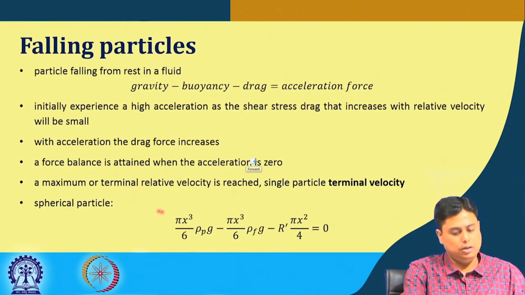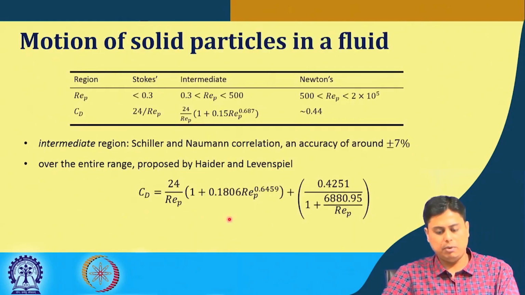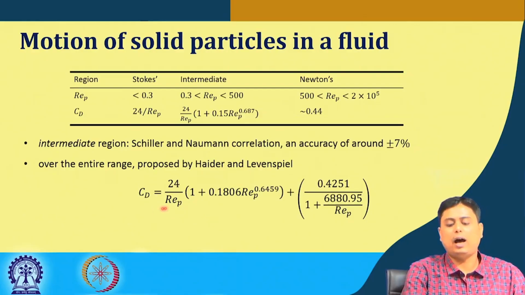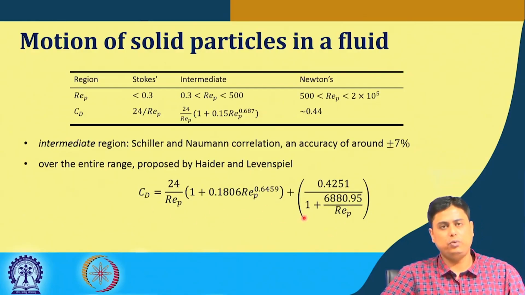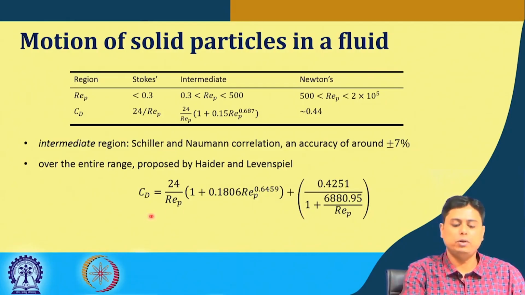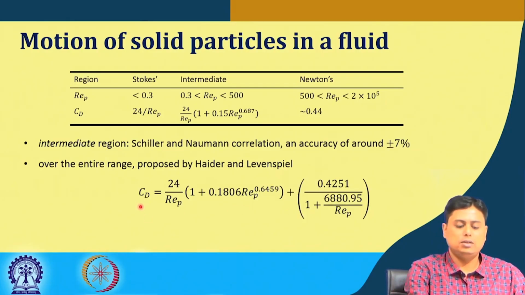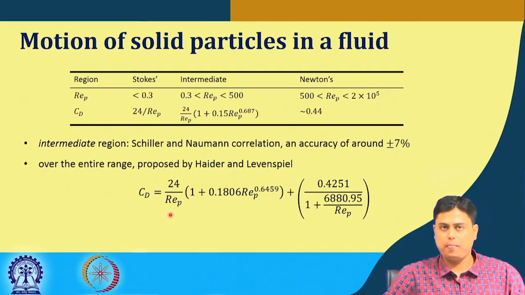These relations you need not remember. Okay. This is to show how complicated these are; these are basically empirical relations. After doing several experiments, they came up with such fitting parameters to fit the CD versus REP relation. Okay.